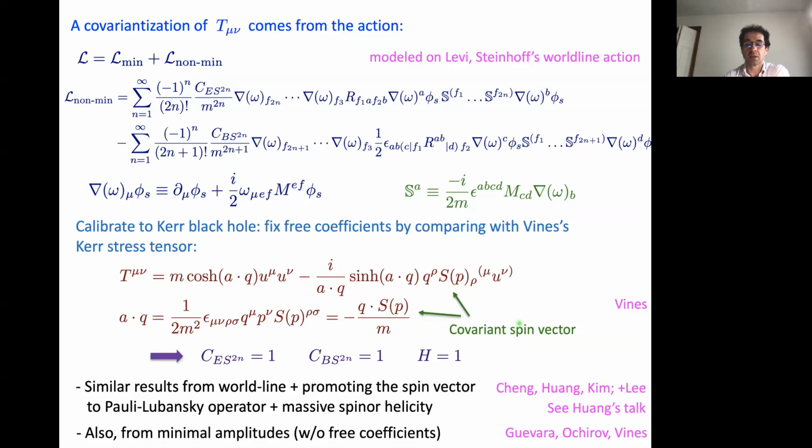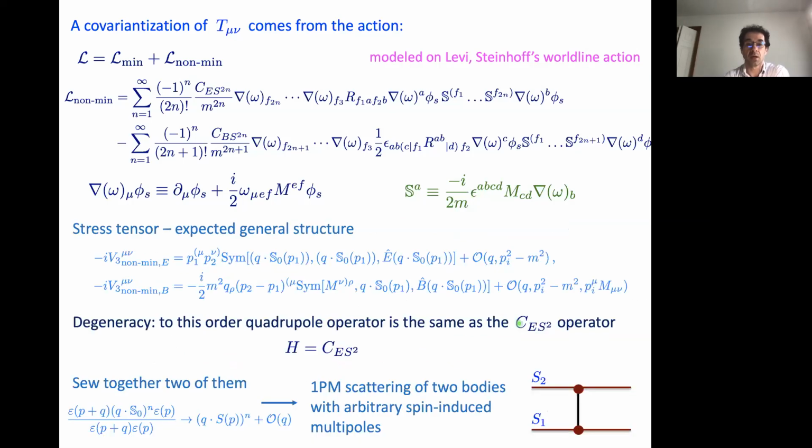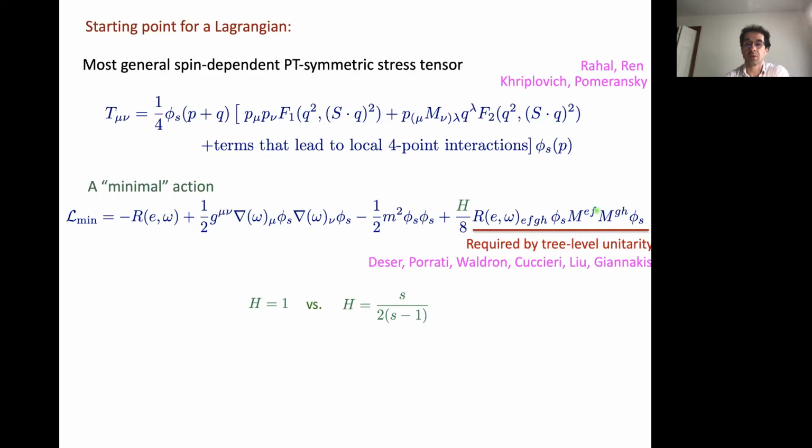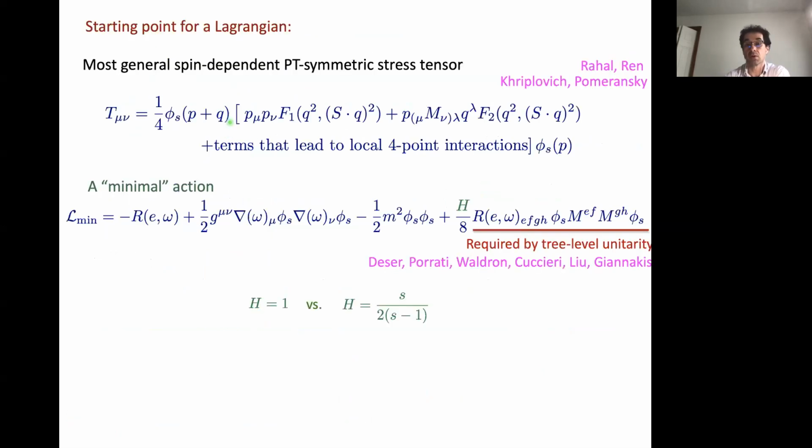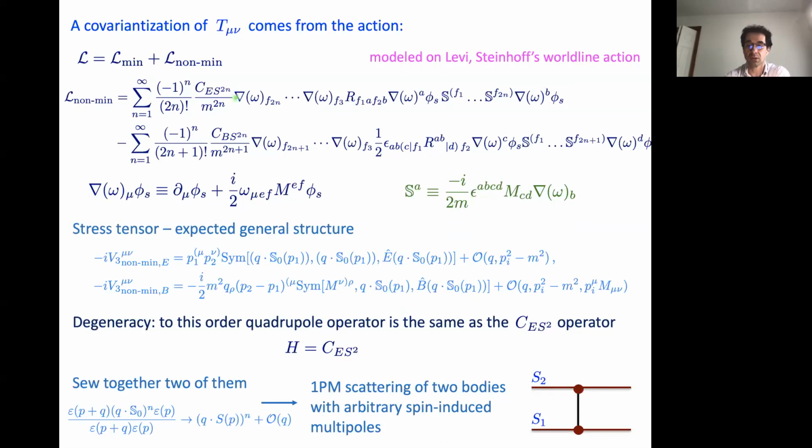There's a slight degeneracy here. The operator CES2, that is n equals 1, is the same as this H, quadruple coupling operator. Therefore, when we add the non-minimal part of the Lagrangian, we should ignore H, or we should ignore CES2, depending on preferences.